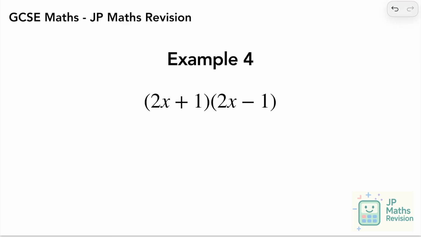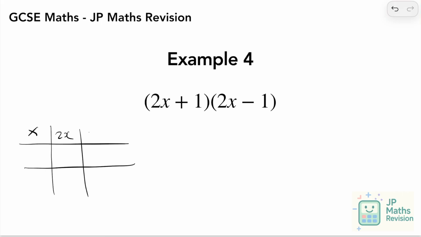Example 4, I'm actually going to use the table for this question, sorry. So we're doing 2x plus 1 times 2x minus 1. So 2x times 2x gives you 4x squared. 2x times 1 is 2x.